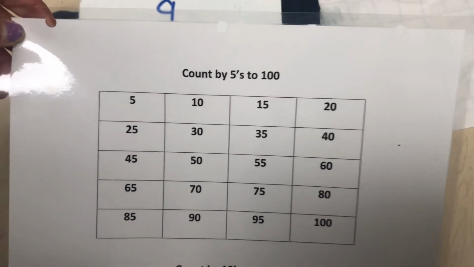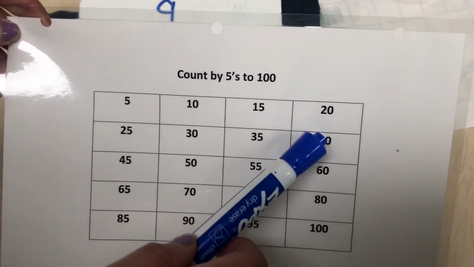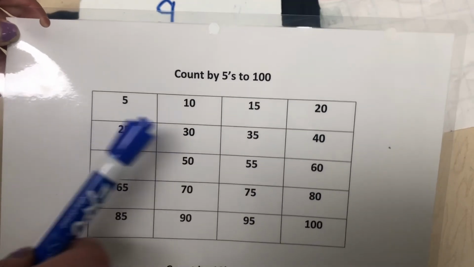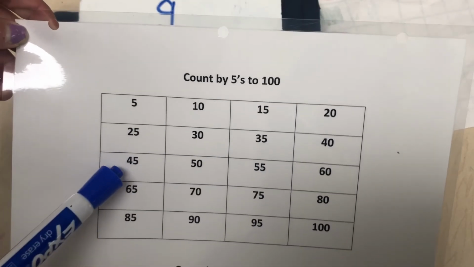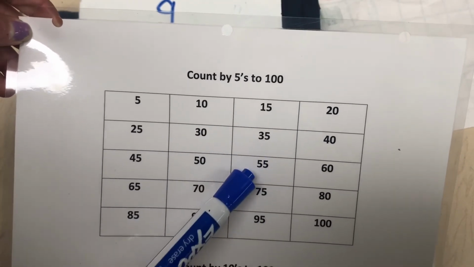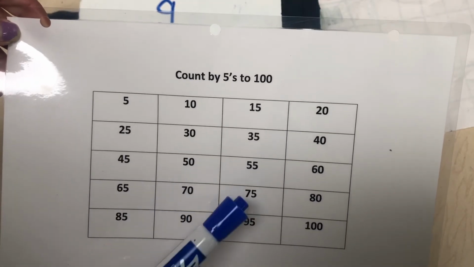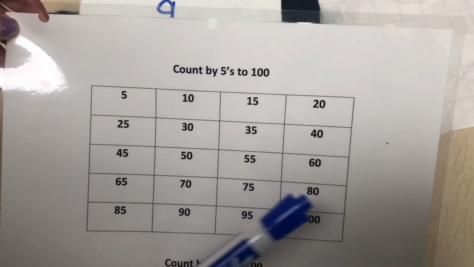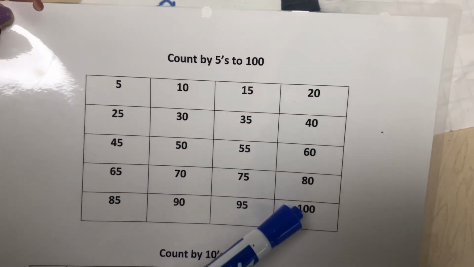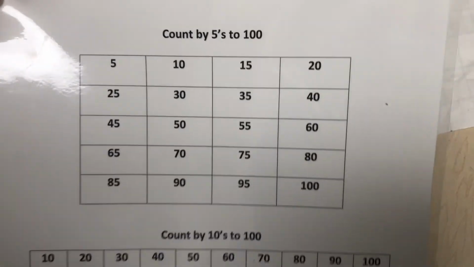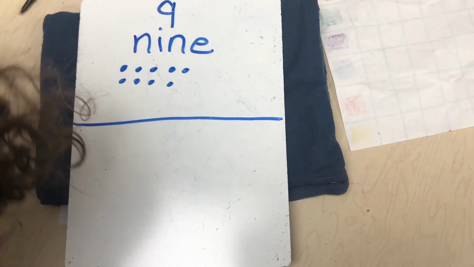Okay, let's count together. 5, 10, 15, 20, 25, 30, 35, 40, 45, 50, 55, 60, 65, 70, 75, 80, 85, 90, 95, 100. Good job.